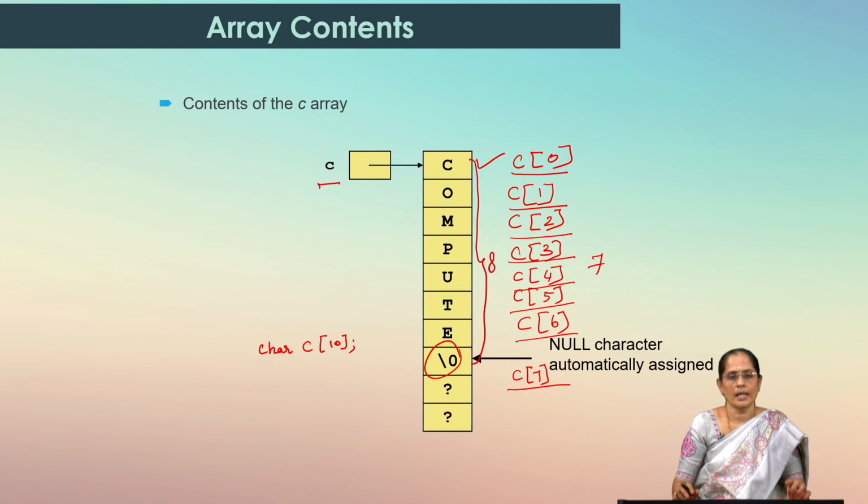So, totally 8 characters are stored in the array of size 10. The last 2 elements are left as unused locations.